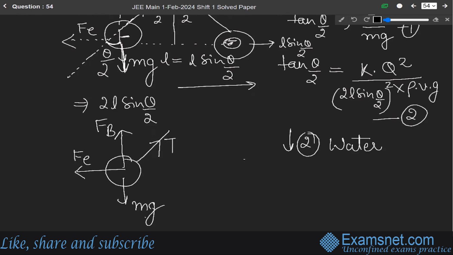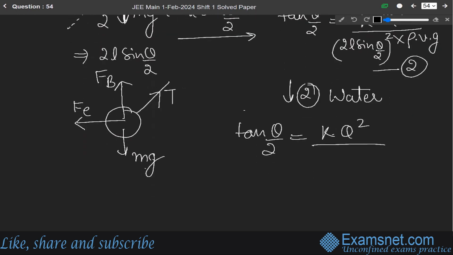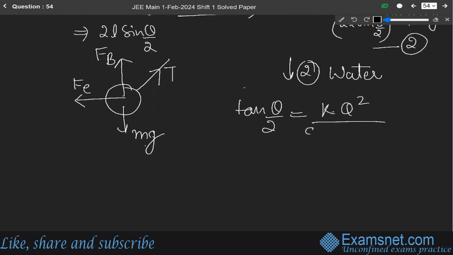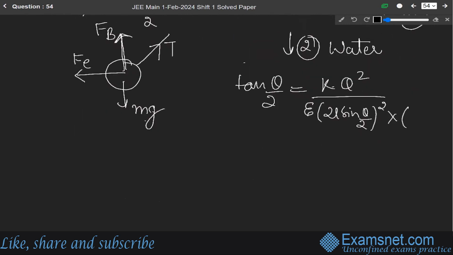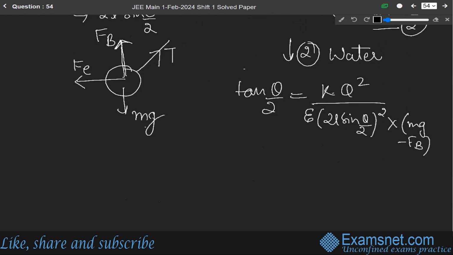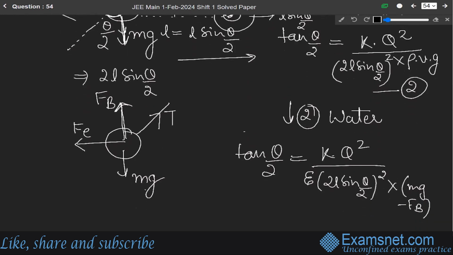So for water, tan theta by 2 will now become k into q square over the dielectric constant, a term that is introduced, into 2L sine theta by 2 whole square, into mg. But here the buoyancy force is acting in the upward direction, so it will be mg minus Fb, the buoyancy force.